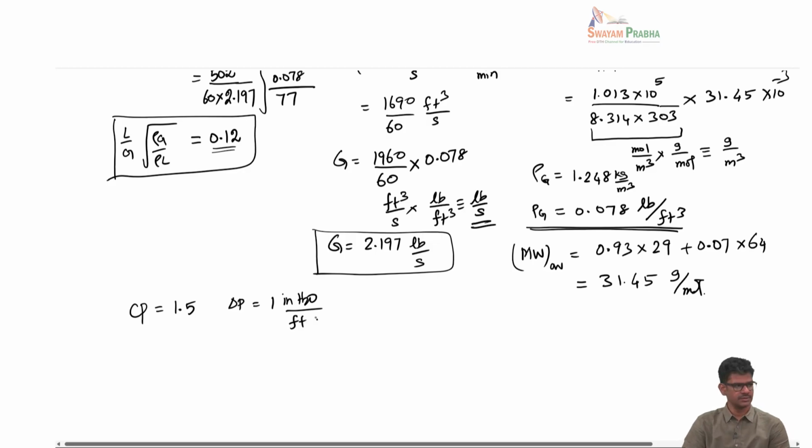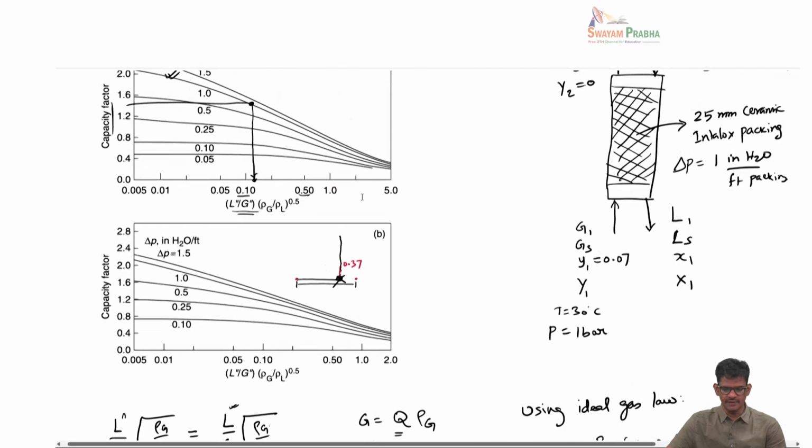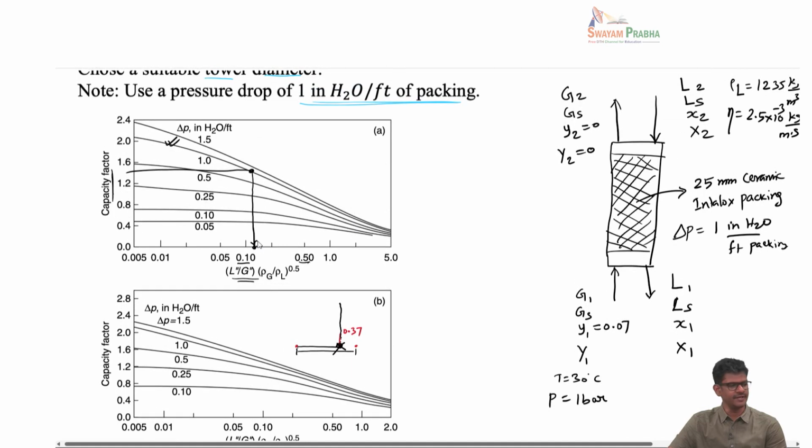Sorry, I was only telling you roughly. What you need to do, like the problem I did in one of the previous classes, is take a linear scale between 0.1 to 0.5, find the location of 0.12, and if you do it with pen and paper, you will come close to 1.5.